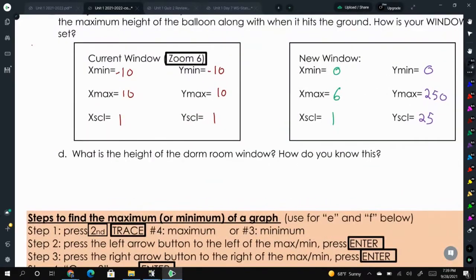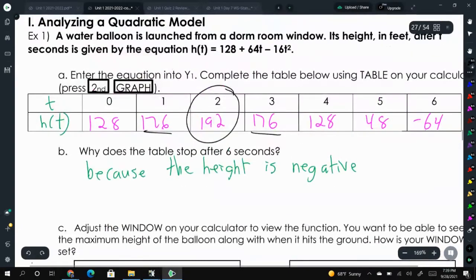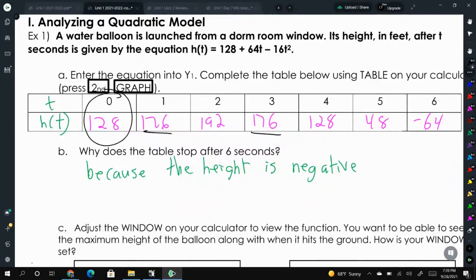So letter D says, what is the height of the dorm room window and how do you know this? We know the height is going to be our y-intercept. That's where the balloon started. It started 128 feet in the air. When time is 0, that means nothing has happened. Nothing has passed.